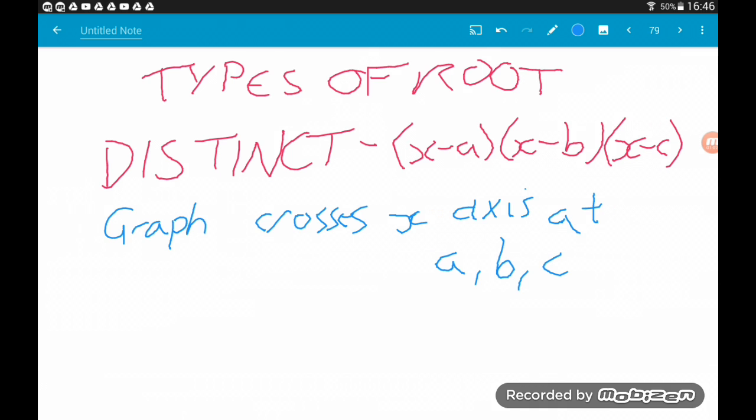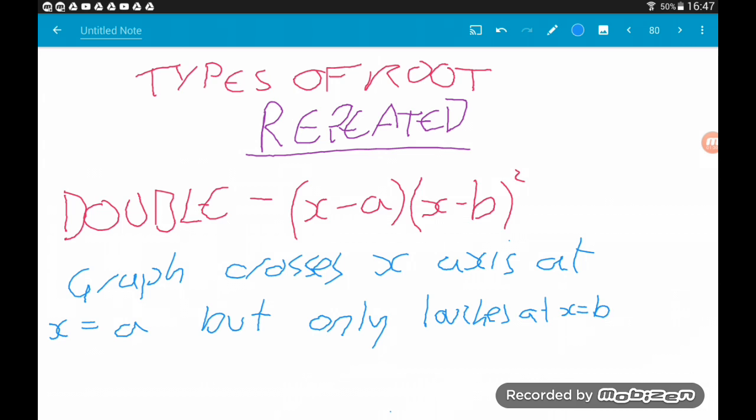That happens when we can factorise them into the form x minus a times x minus b times x minus c, where we get 3 distinct factors. So something that factorises like this would cross the x-axis at x equals a, x equals b, and x equals c.